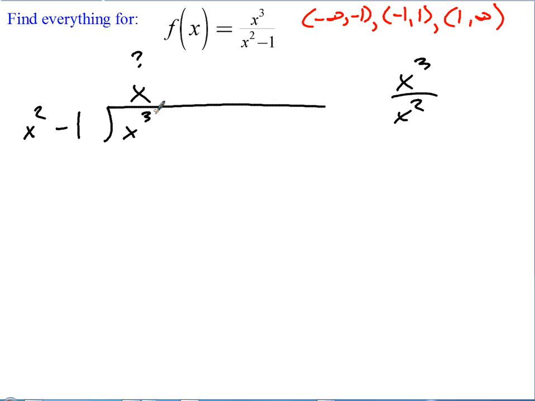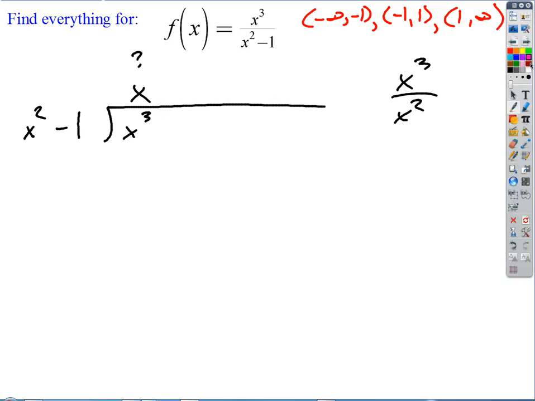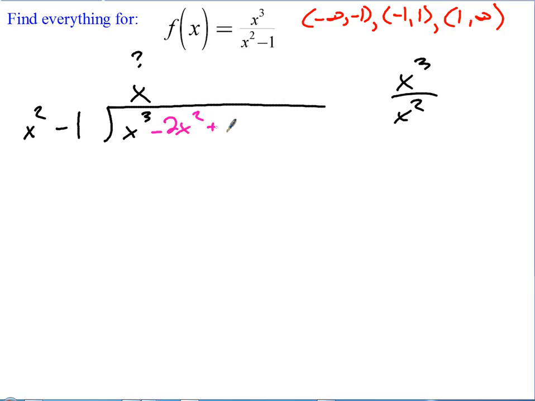I'm gonna erase these in a second, but just pretend, for this moment, that the top was really like x cubed minus 2x squared plus x minus 7, something like that. It's not, but what if it were? When I distribute this x through, what do I always have to do? I get x cubed, right? And then minus x. Put a 0. Okay, I gotta line it up with the x column.